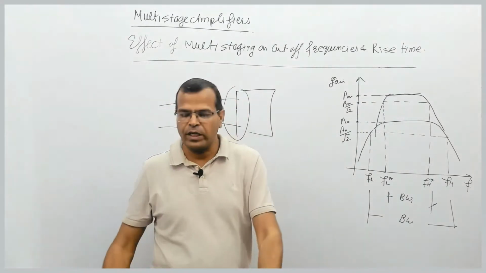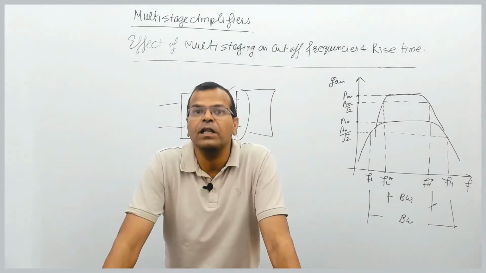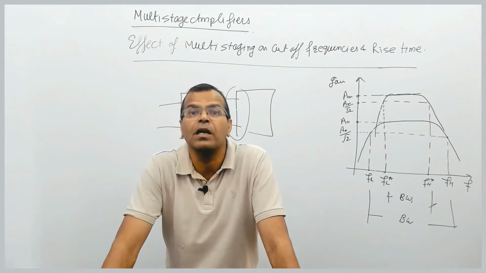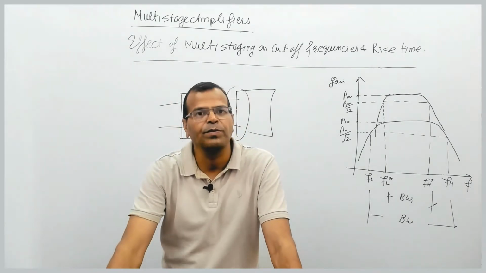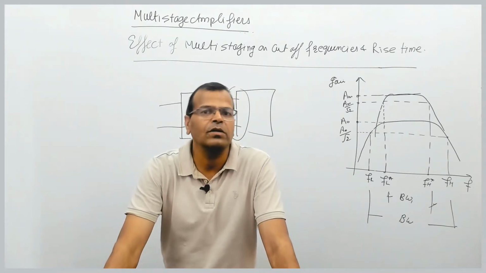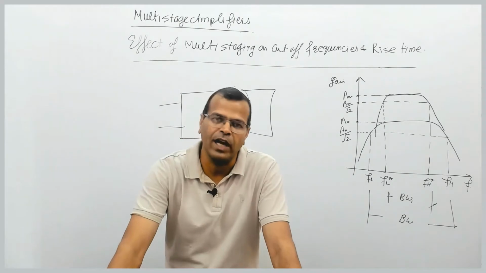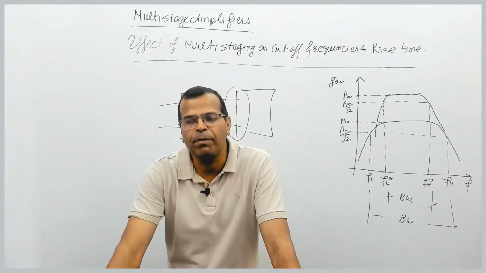So while calculating the cutoff frequency of one stage, the load capacitances, the parasitic capacitances, and Miller capacitances of the next stage should be taken into account, and that results in change in cutoff frequencies of the amplifier. So these are some of the points you should remember.